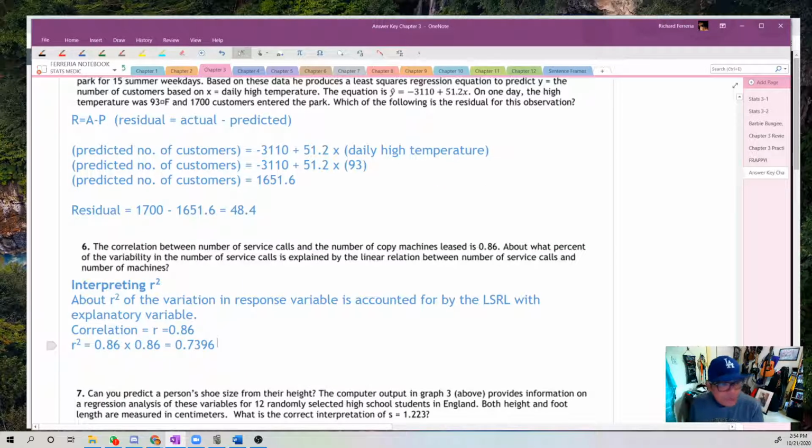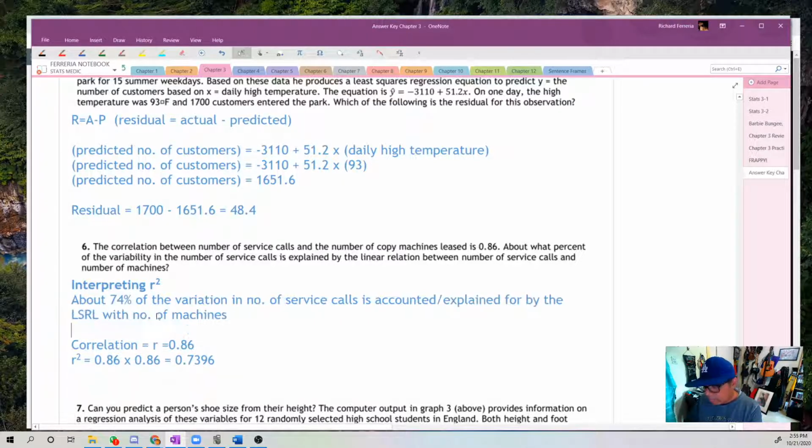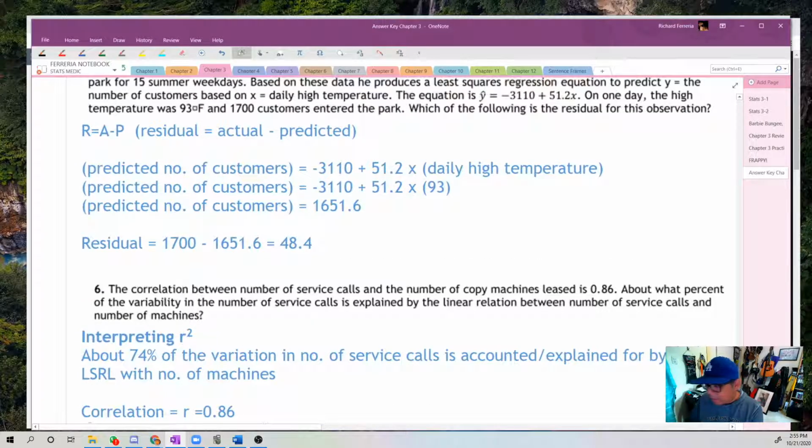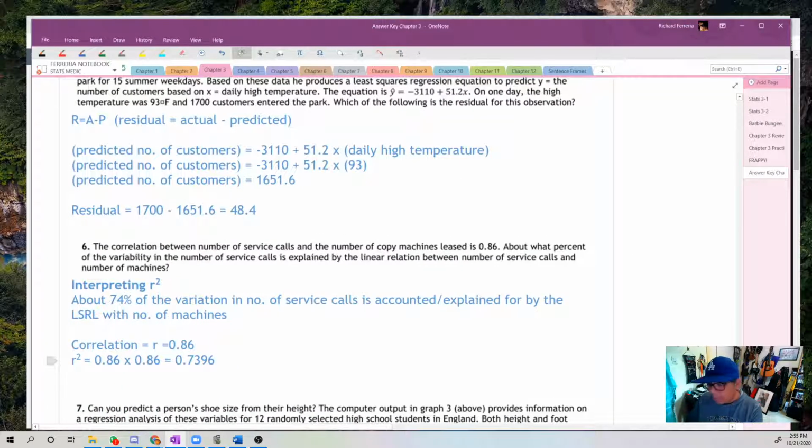So that tells me r squared is 0.7396. If I substitute everything I know into that interpretation, about 74% of the variation in the number of service calls is explained by the LSRL with the number of machines. So this is really straight off of the interpretations that hopefully you guys have memorized.